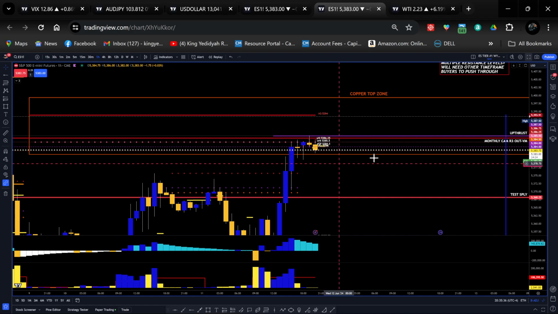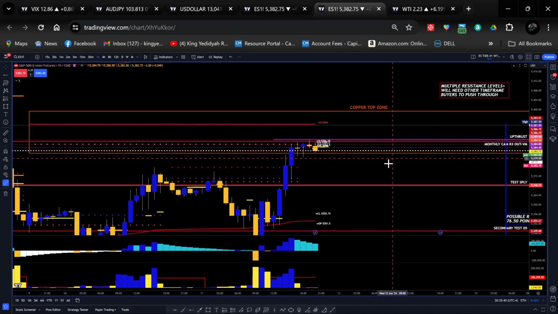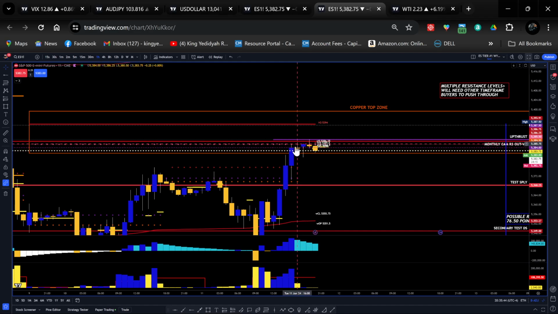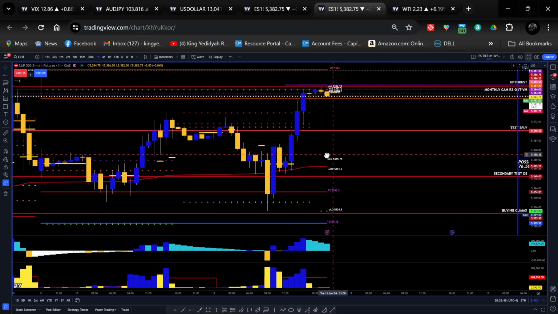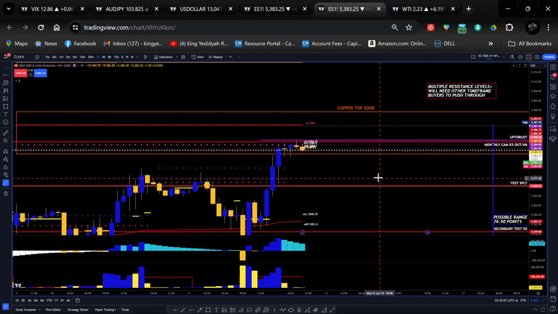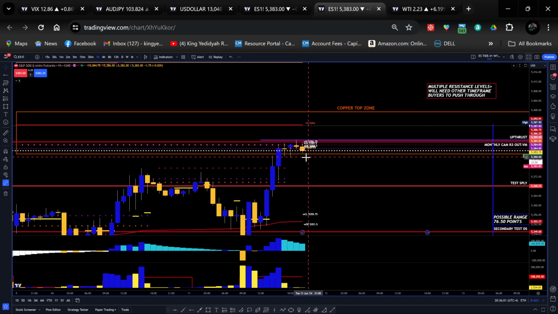I remember I mentioned this in the chat from premium tier traders, premium tier futures. I was mentioning that this is a heavy resistance area. Even though we got all this bullish move from a nice spring, I think we would stop here, and we did stop here, right? I have that labeled as my copper top zone because of monthly Camarilla R3, and I think it was a daily Camarilla R3 as well.